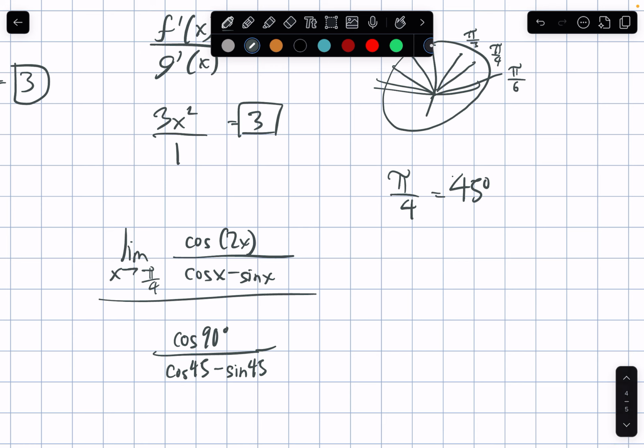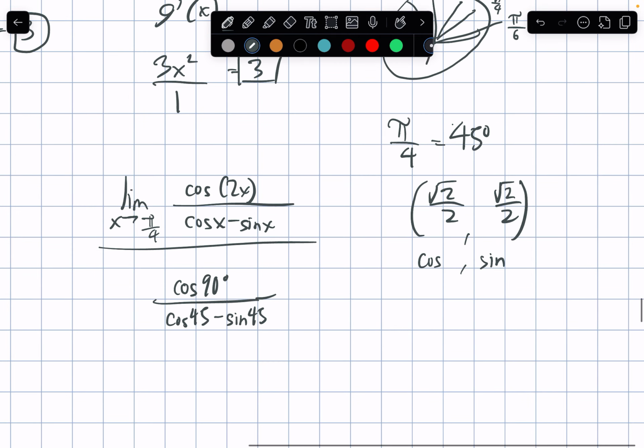In the unit circle, pi over 4 is basically square root of 2 over 2 for both cosine and sine. So this is basically going to equal 0. Cosine 0 is 1.